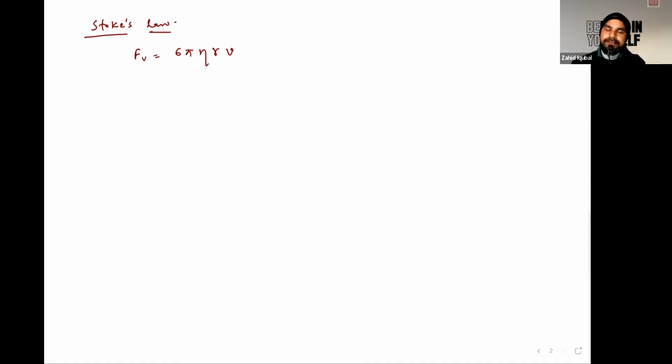In this expression, 6 pi eta r is constant: eta is the coefficient of viscosity and r is the radius of the body. So it mainly depends upon the velocity of projection. As the velocity of the body increases, the viscous force on the body will also increase.